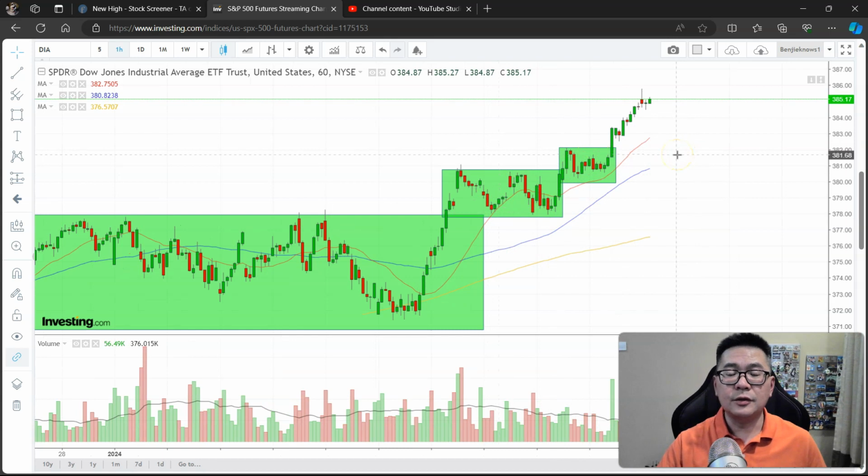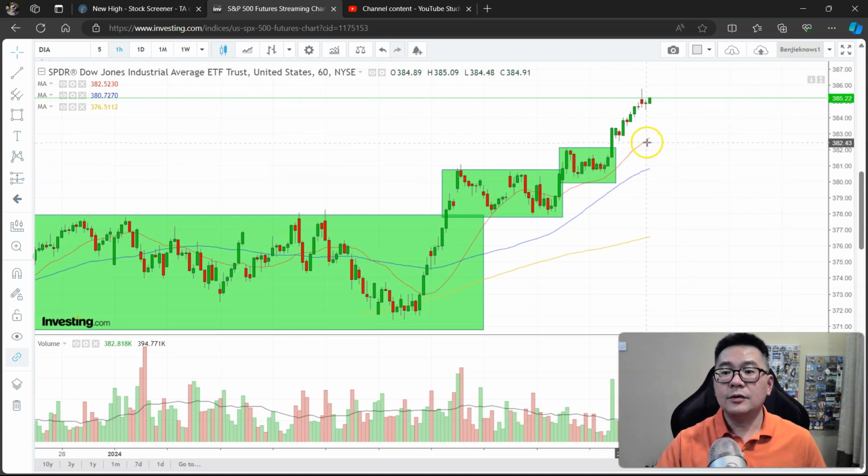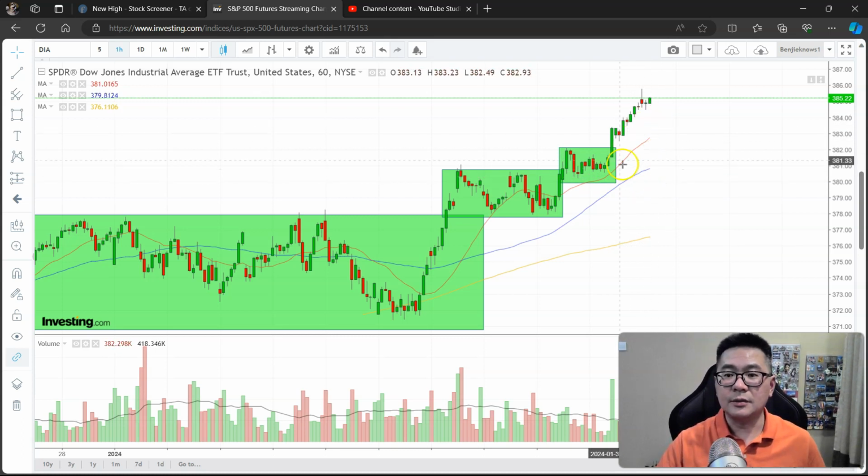It's important for us to look at support because if in the event it drops and the support holds, most likely it will just continue to bounce up. Rising 20 MA and rising 50 MA point to bullishness in the short term, so I will remain bullish as long as it's above these two moving averages and above this support area.